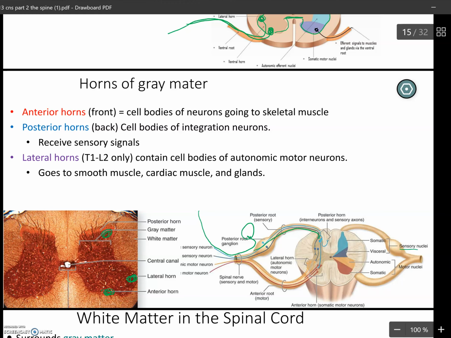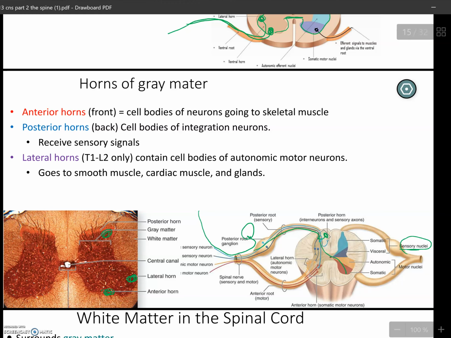So these are sensory nuclei. The cell bodies of the afferent neurons are in these ganglia, and the axons go to a sensory nucleus. These sensory nuclei could be part of a reflex that tells the motor neurons in the anterior horn on the other side to do something, or it could go to a white matter projection tract and go up to the brain. So it could do one of those 2 things.